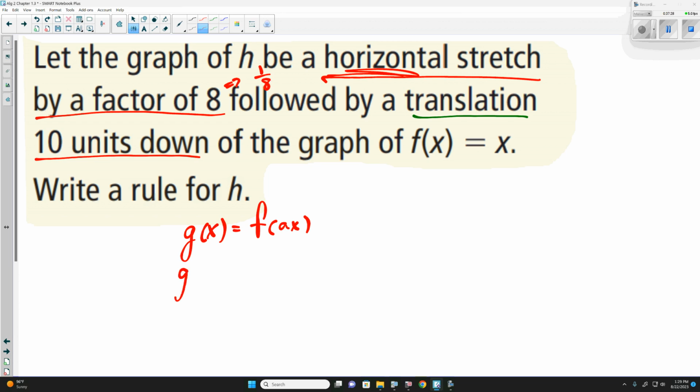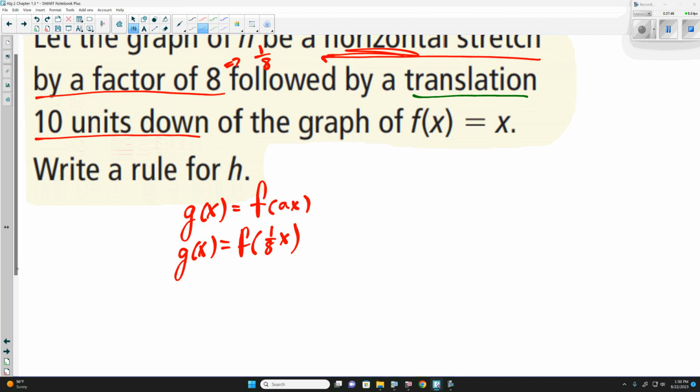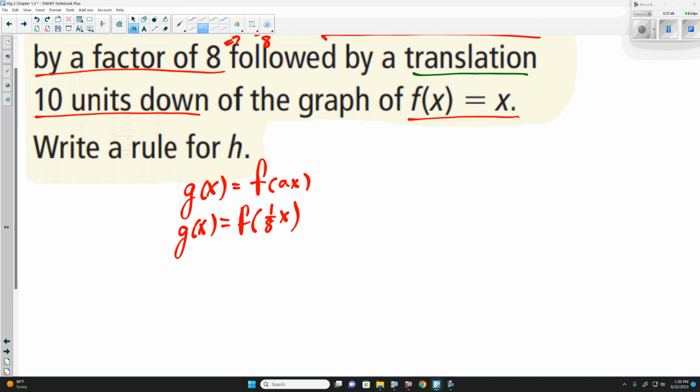Because for this, we'd say g of x is equal to f of 1 over 8 x. Well, our function f of x is just equal to x, so we just replace that x with 1 over 8 x.